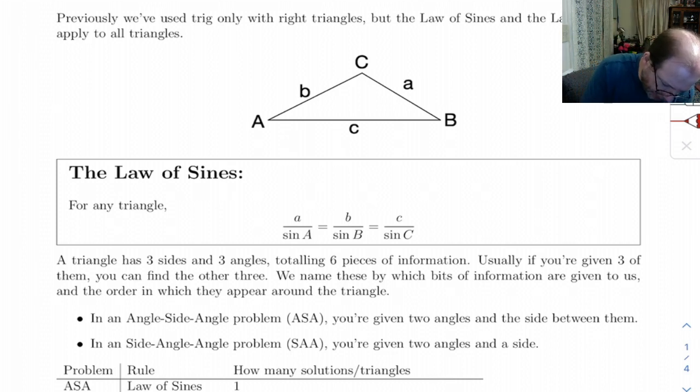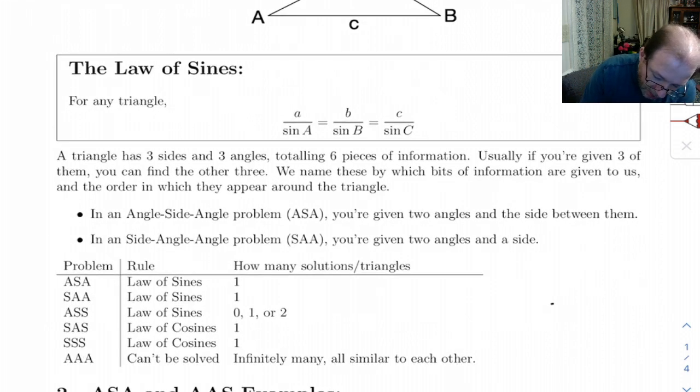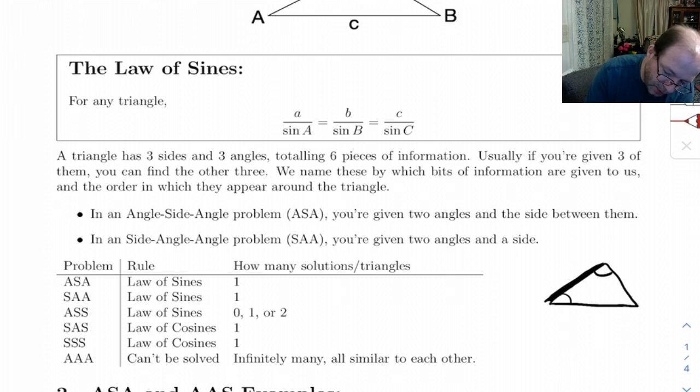Let's compare these two: the angle side angle problem, ASA, and the angle angle side problem, AAS. On both of those, you're given one side and 2 angles. But in the ASA problem, let's say this is your triangle, you're given an angle, a side, and an angle that are in order going around the triangle. Angle, side, angle.